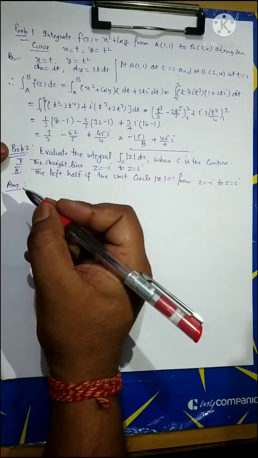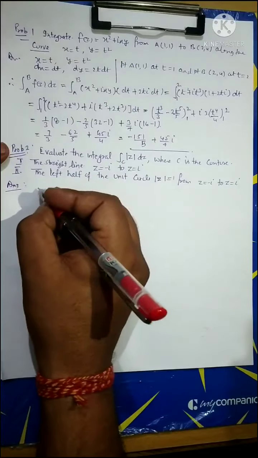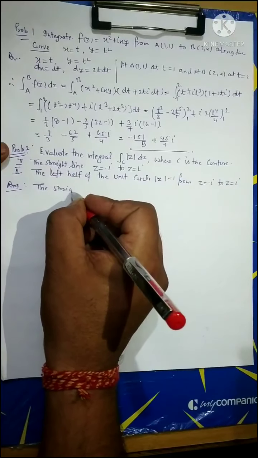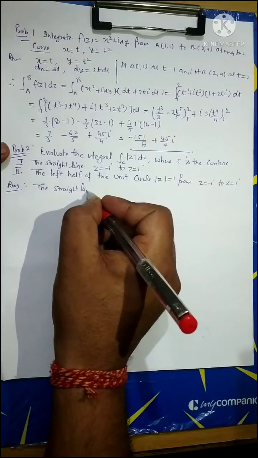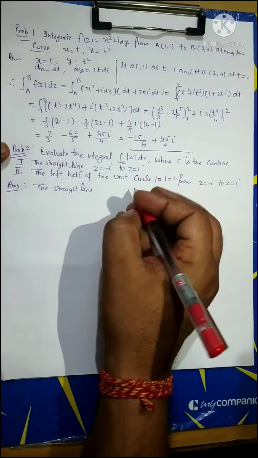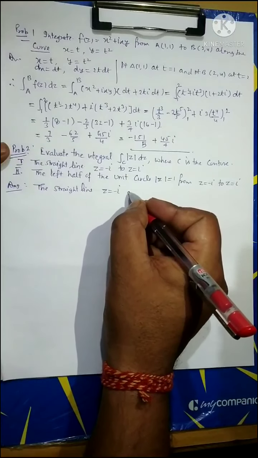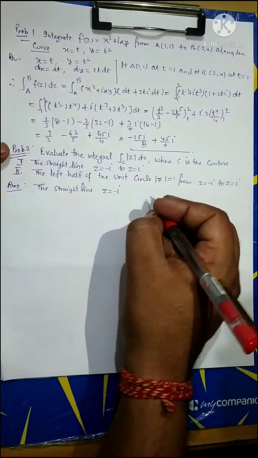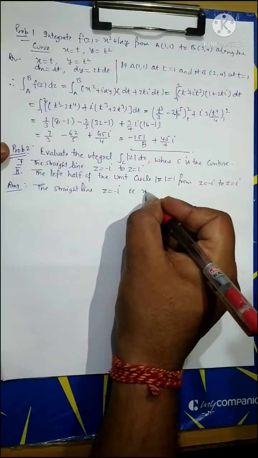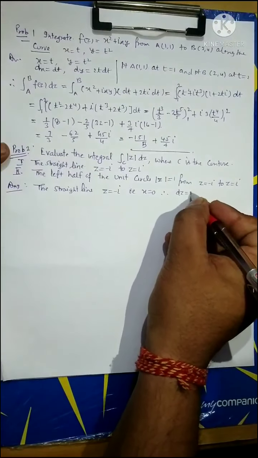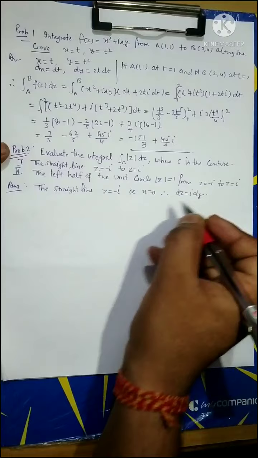Answer. The straight line from z = −i to z = i: that is x = 0, therefore dz = i dy.